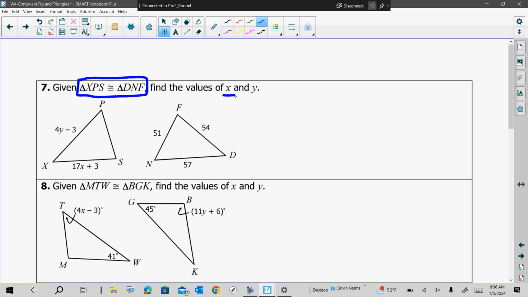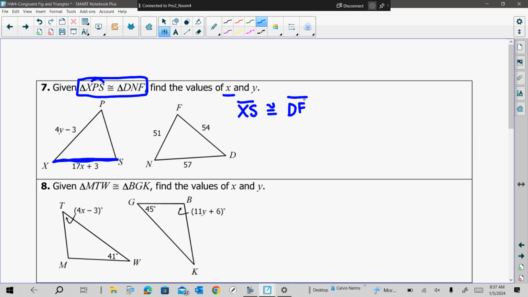So if I'm starting with X, which side, where's my X variable? It's right here where the side is XS. So that side, XS, is congruent to which side in the other triangle? Match up the letters. XS is going to be congruent to what? Yep, DF.